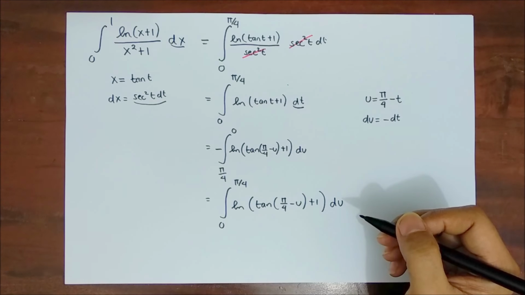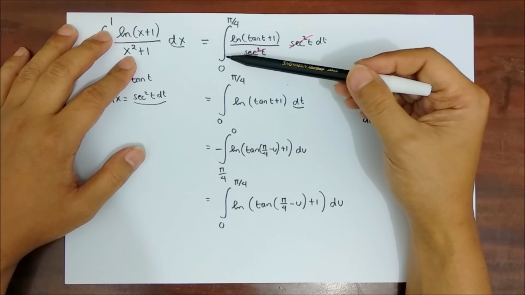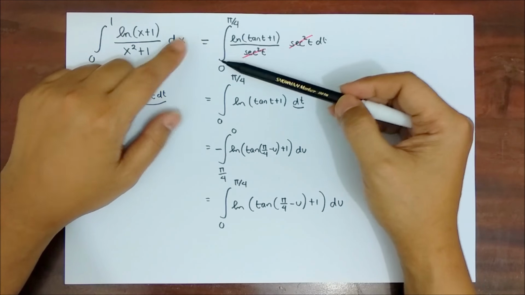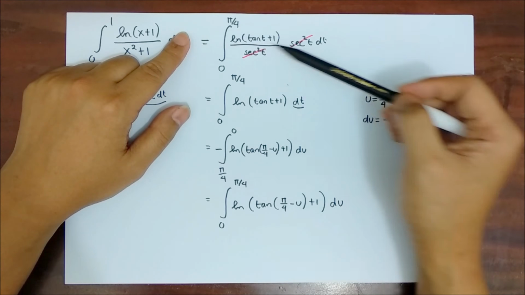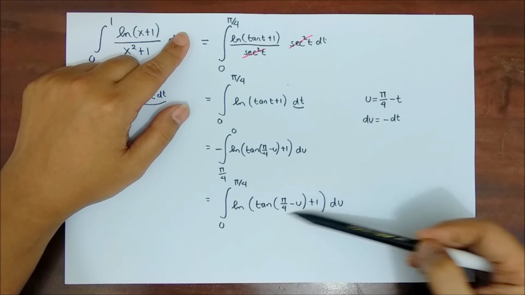So the first one is the integral of ln(tan t + 1), and the second one is this one.